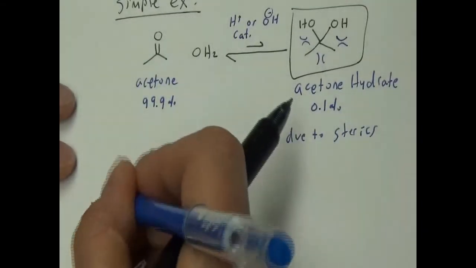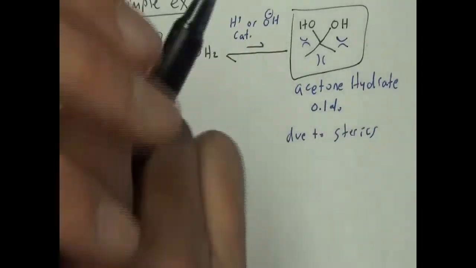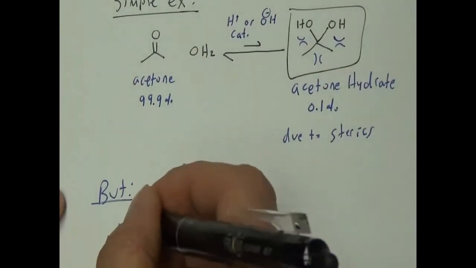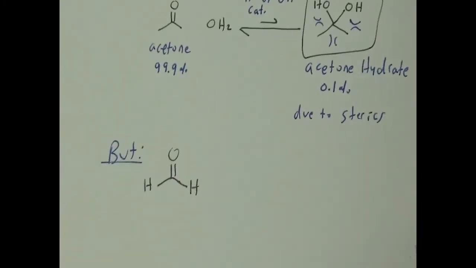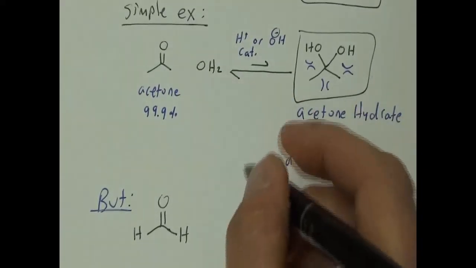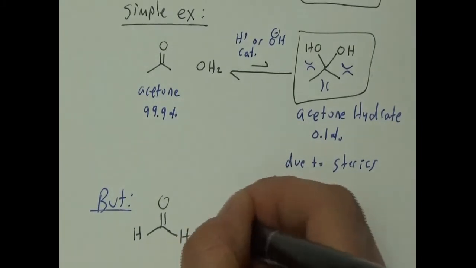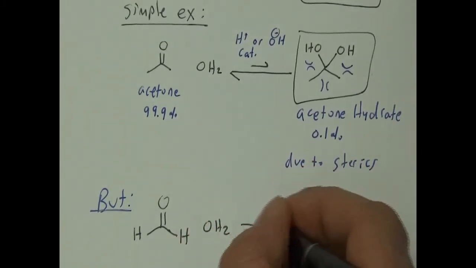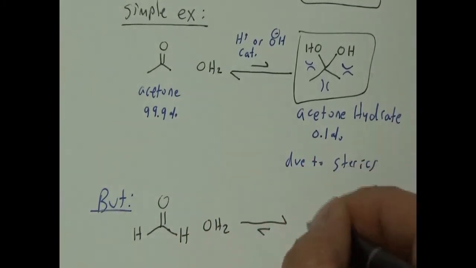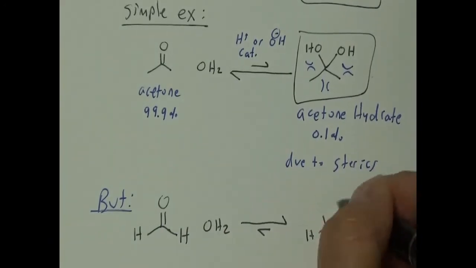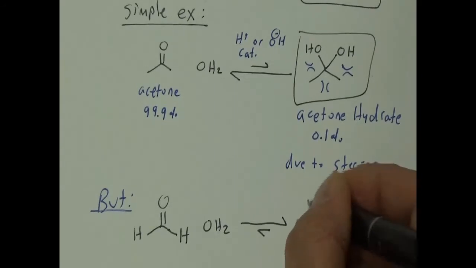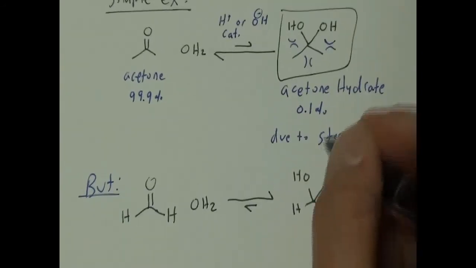So, an example for formaldehyde, which has some similarity to acetone. Do the same exact thing, water, and it actually goes all the way to the right, and you get that.